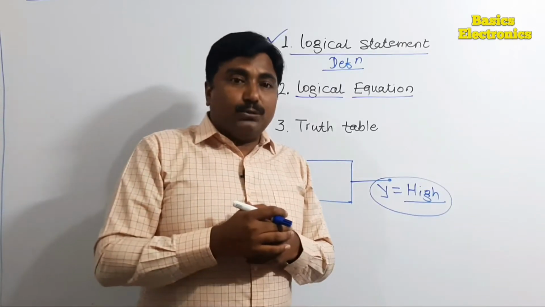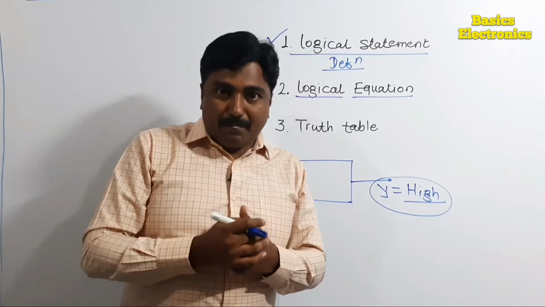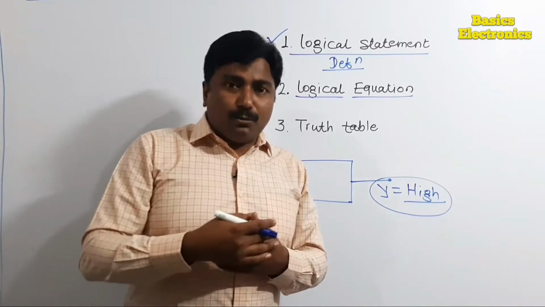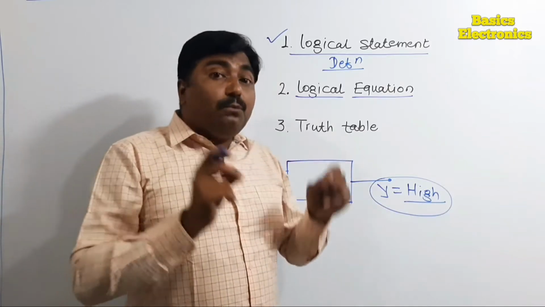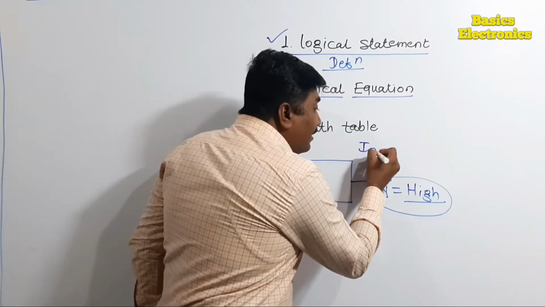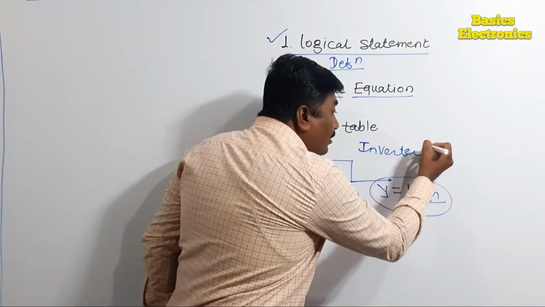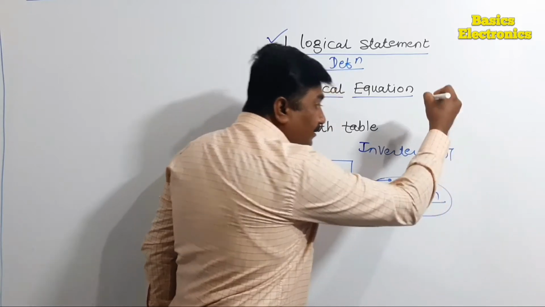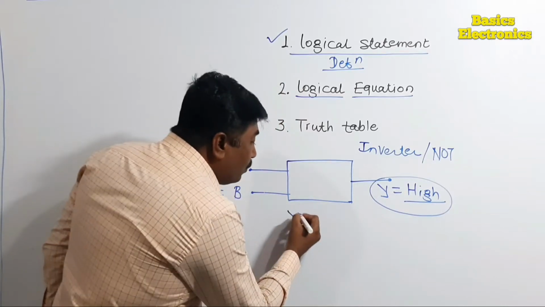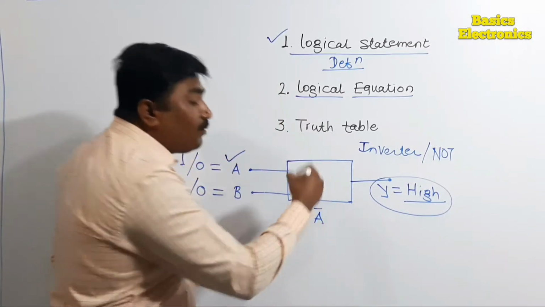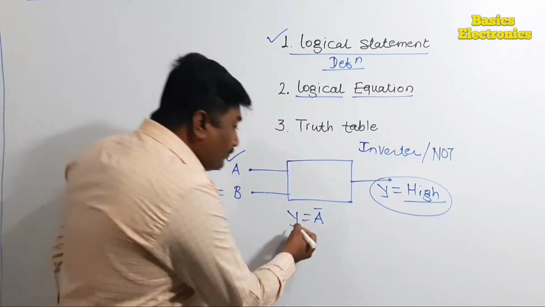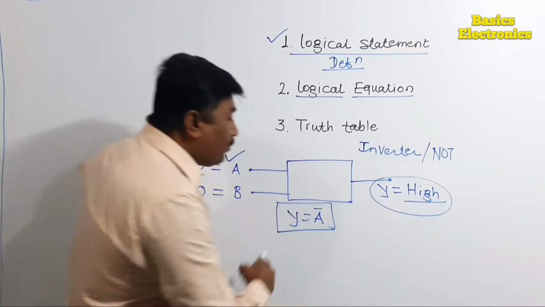For an example, suppose we have to invert the input. Invert means to produce the opposite output. If we have to invert the input, then we use one gate, its name is the inverter gate, or the NOT gate. Its equation is given by Y equals A complement, or we read it as A inverted. Y equals A complement.